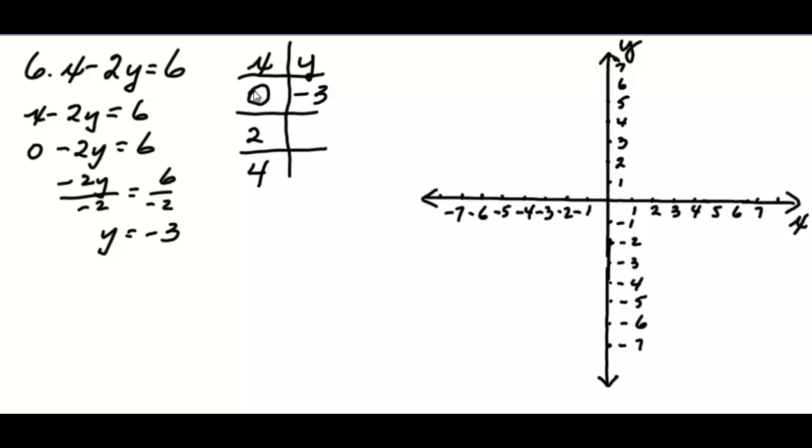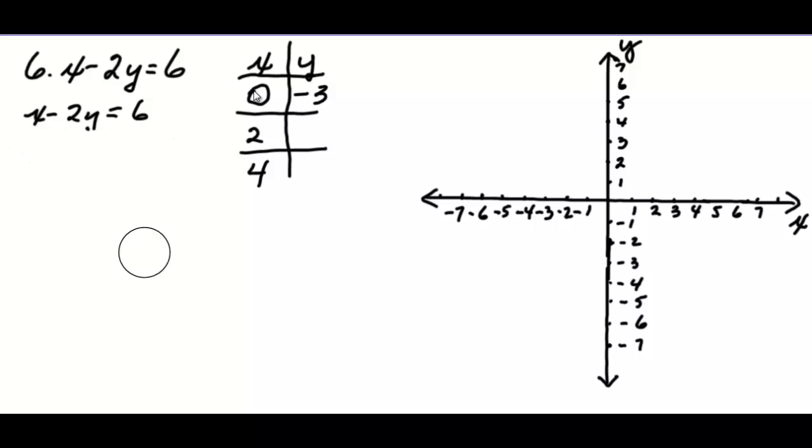In the second case, where x is equal to 2, we have 2 minus 2y equals 6. Subtracting 2 from both sides, I get negative 2y equals 4.